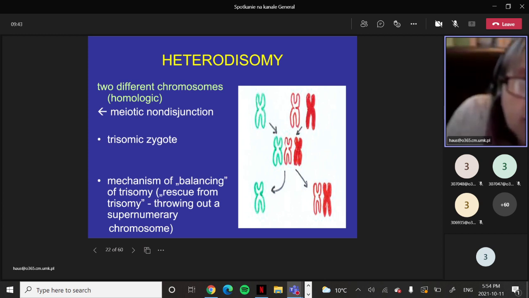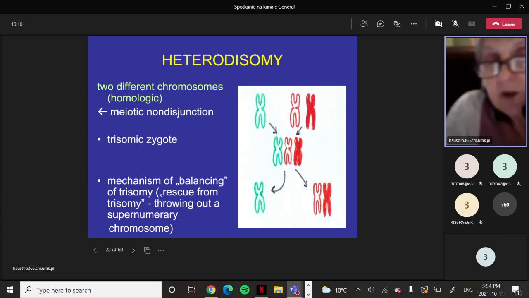It's not the so-called pleasant situation for a zygote, because trisomic zygotes are in the majority lethal, at the stage of zygote or later on.